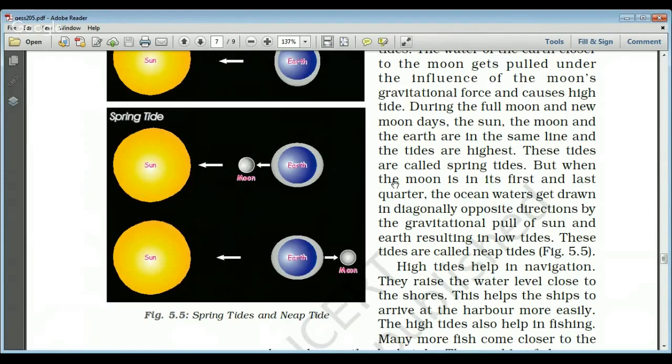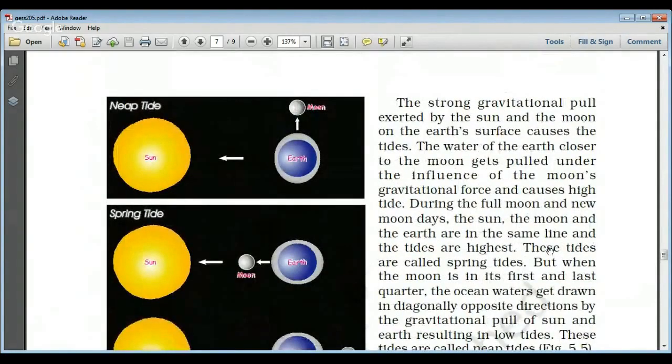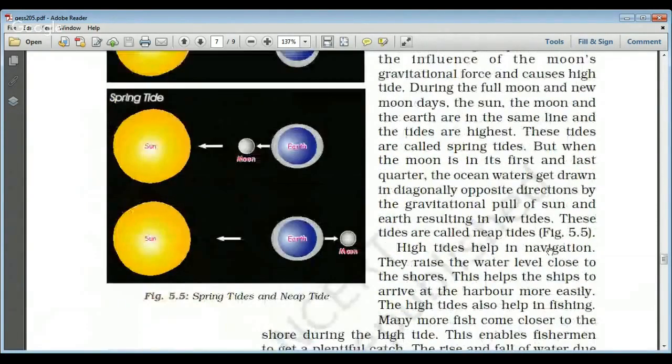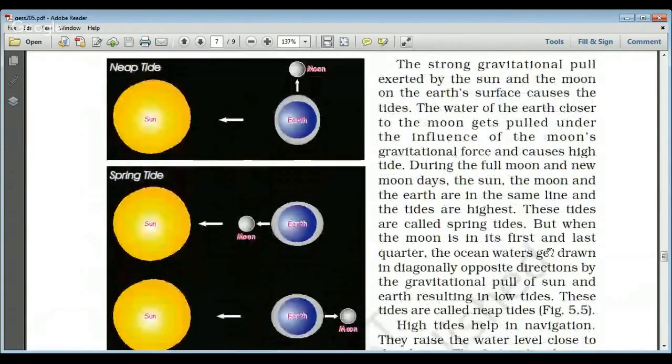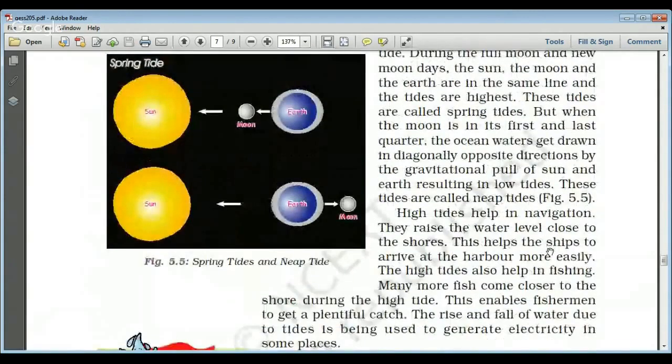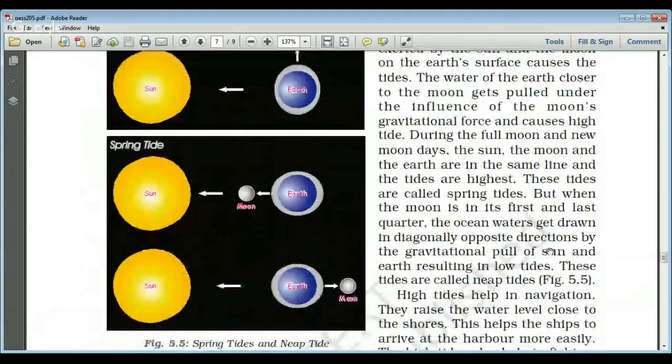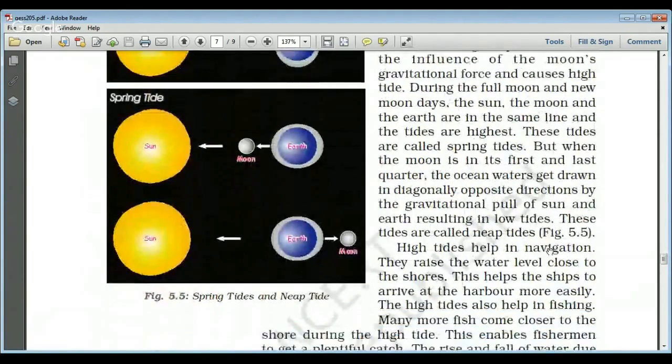So the water gets drawn in the diagonally opposite direction by the gravitational pull of the sun and moon, and that results in low tides. So during the spring tide, the tide will be highest, and during the neap tide, the tide will be lowest. And these types of tides are shown in this figure. Okay, low tides are known as neap tide, and high tides are known as spring tide.